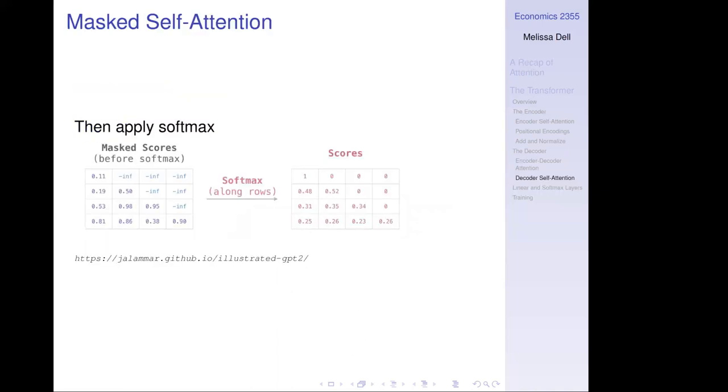And that's it. So now we're not attending at all to the future words. Basically we compute it just like we compute encoder self-attention, but we have this additional mask that effectively sets the attention scores to 0 for any subsequent words in the sequence. Hence, we are only attending to the previous words.